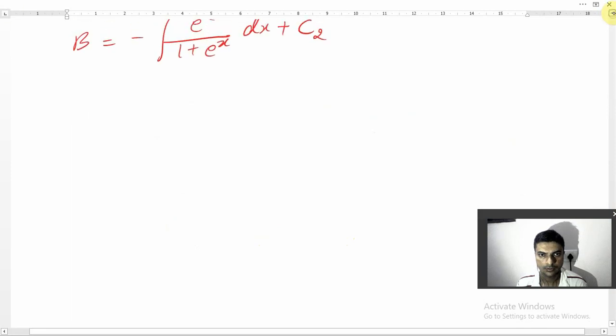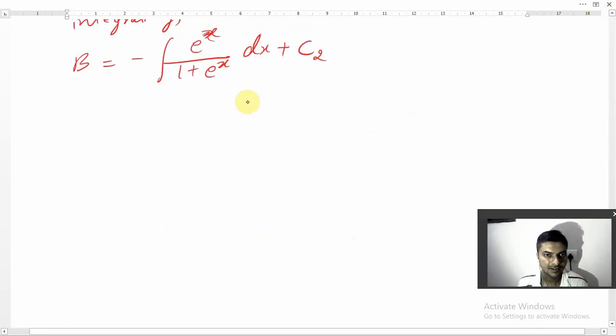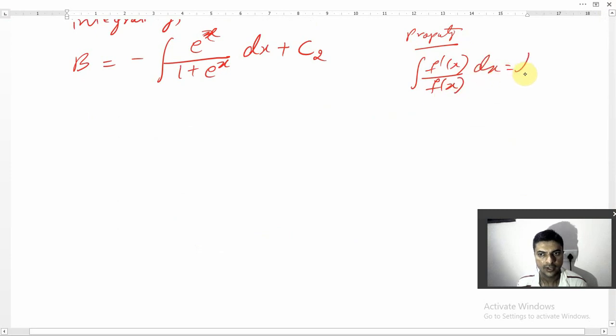Again I am going to use the property, my favorite property students. What is that? Integration of f dash of x divided by f of x dx is always log of f of x plus c. Now this time f of x I am going to choose 1 plus e raised to x.